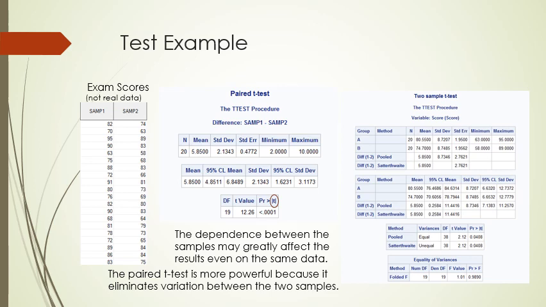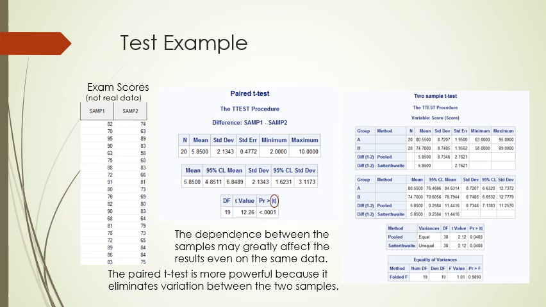We find that both the test statistics and the p-values are quite different. The dependence between the samples may greatly affect the results even with the same data. Generally, the paired t-test is more powerful because it eliminates variation between the two samples.